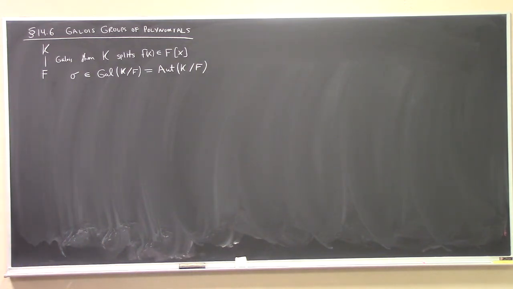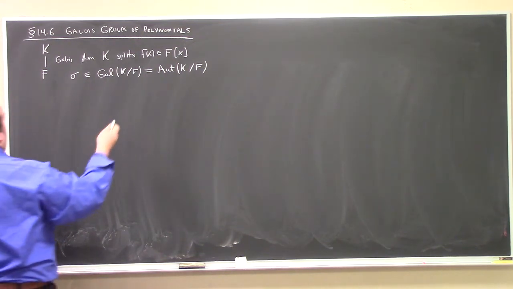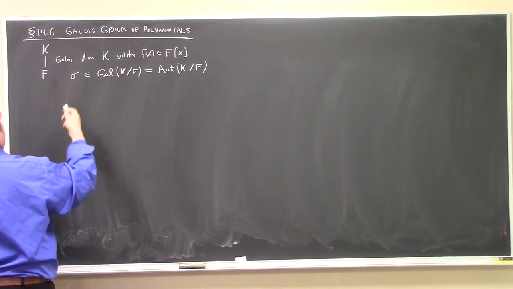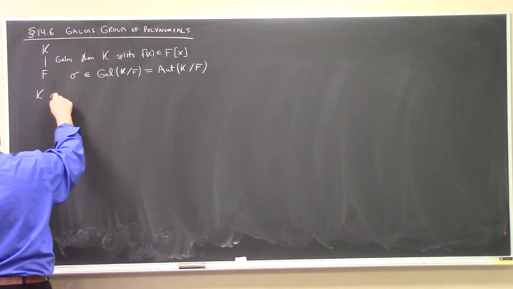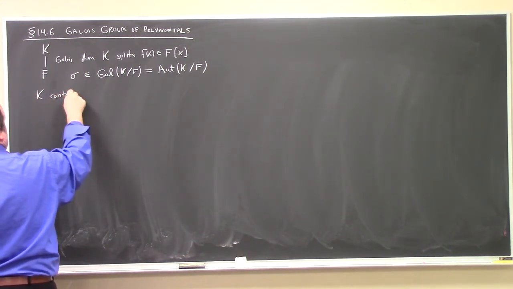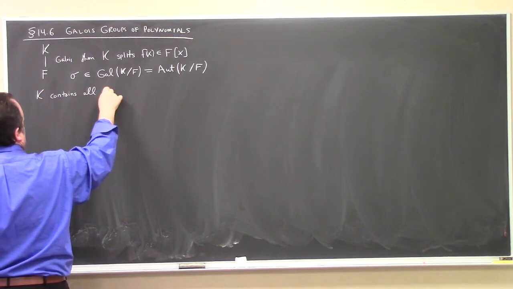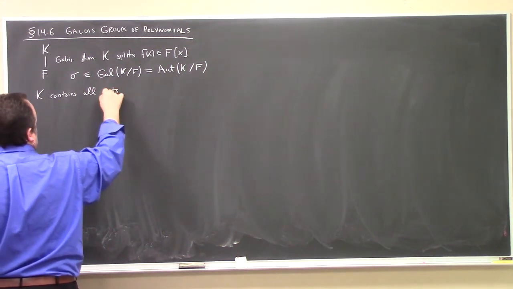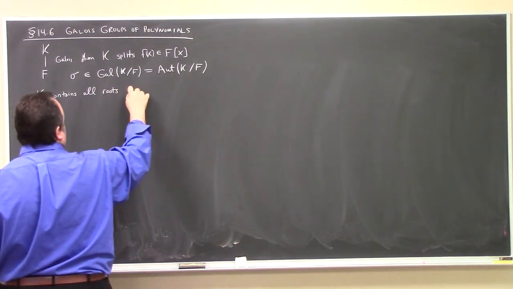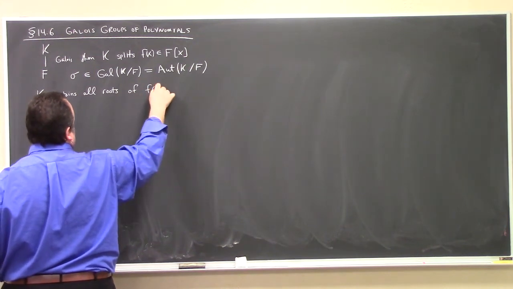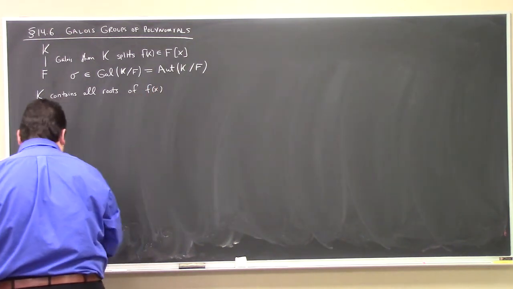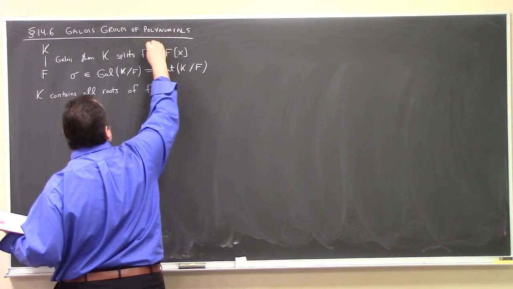And what did those do? Also, something else we knew is that K contains all roots of f of x, and we're also assuming that f of x is separable, right?